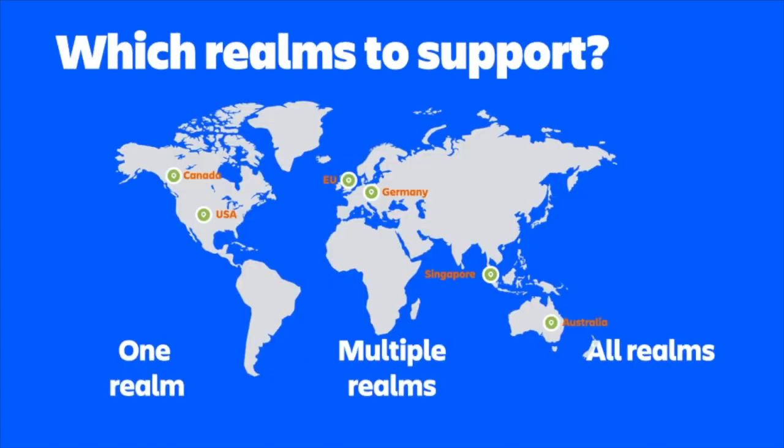And our first question was, what realms should we support? Should we support one realm, multiple realms, all realms? We weren't really sure. Neither were we sure about the ramifications of only supporting one realm or some realms. But we did analyze our marketplace data. We looked at our support requests, talked to our partners, and most of our customers were primarily located in two locations, the United States and Germany.